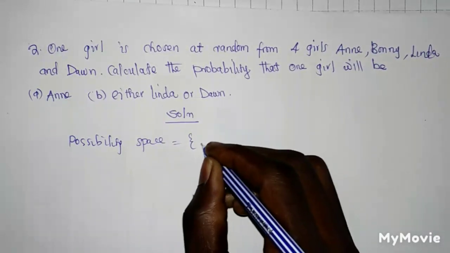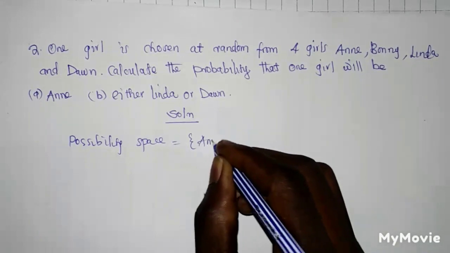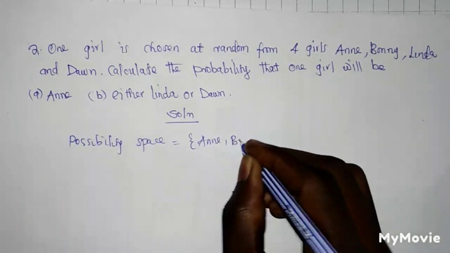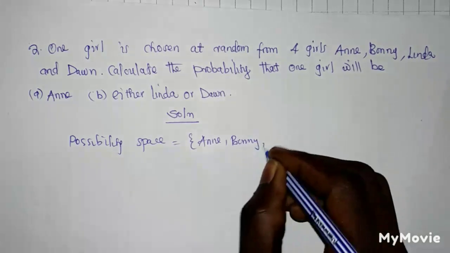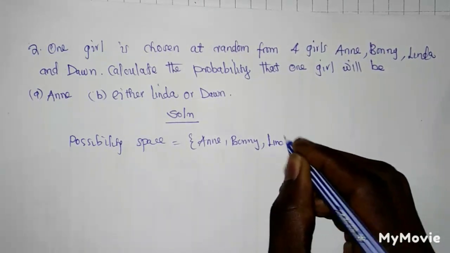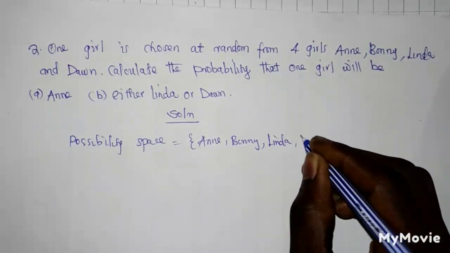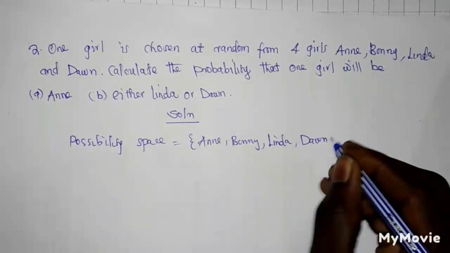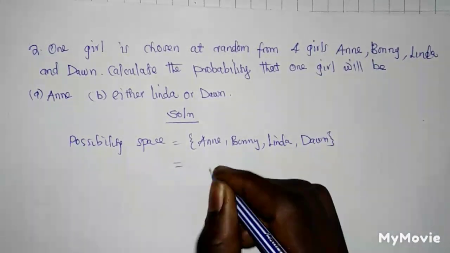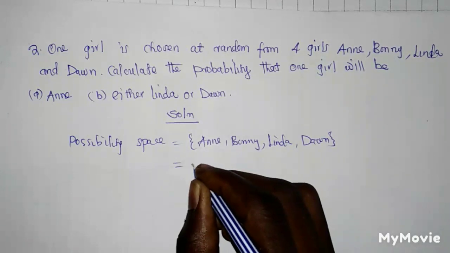We have Annie, Bonnie, Linda, and Dawn. So we can say that the number of outcomes here is simply 4.